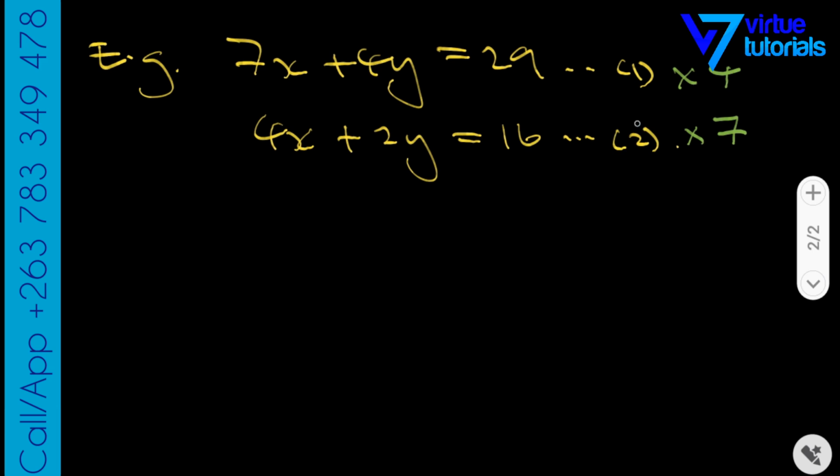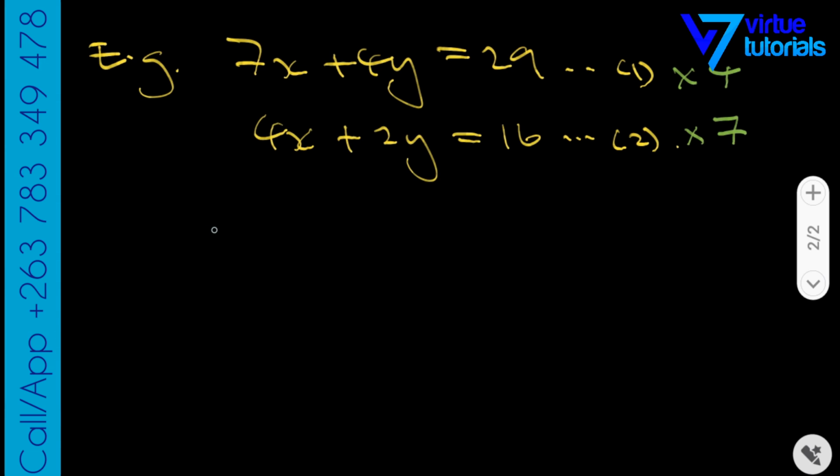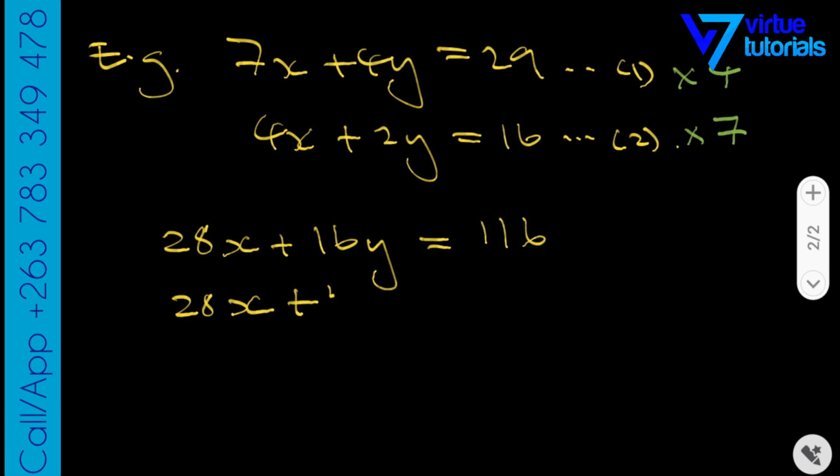So the entire first equation will be multiplied by 4, and the entire second equation will be multiplied by 7. What is the result? You will have 28x plus 16y is equal to 116, and 28x plus 14y is equal to 112.